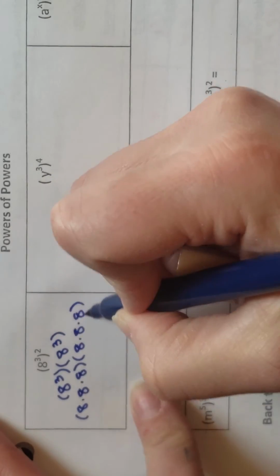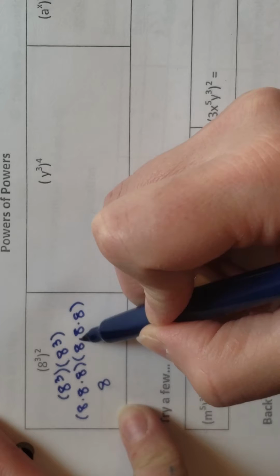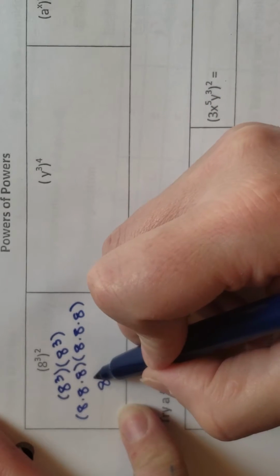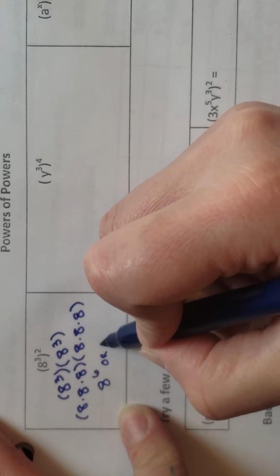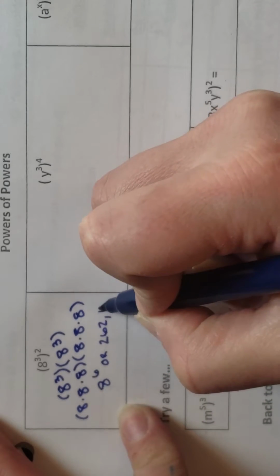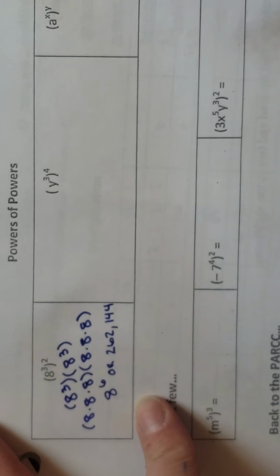So all this means all this. Well, I'm repeating this 8, 1, 2, 3, 4, 5, 6 times. So this is 8 to the 6th. Or if you multiplied it out, it would be 262,144. Mental math, right? No, I did that ahead of time.